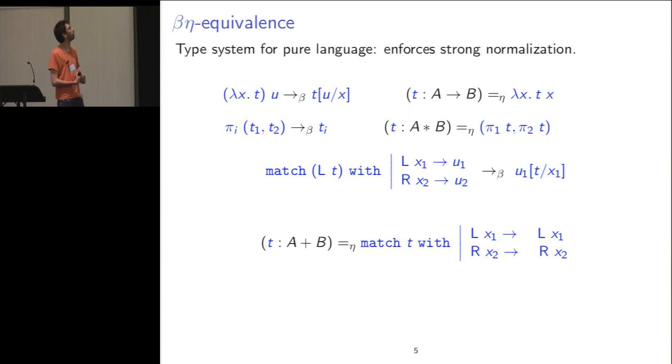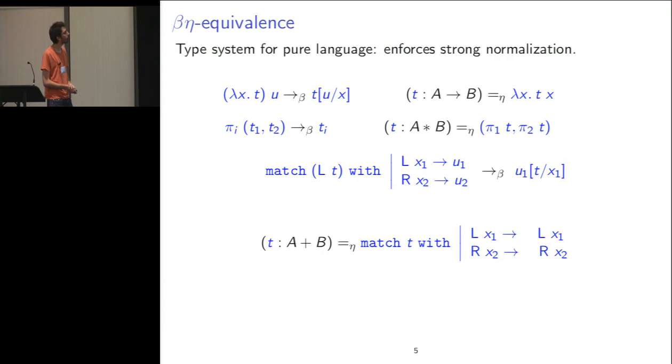For functions, beta tells you that applying a known function to an argument reduces to the substitution that you expect, and eta tells you that the function t is equal to the function that maps x to t of x. For pairs, beta lets you project out of pairs, and eta tells you that the pair t is equal to the pair of first projection of t, second projection of t.